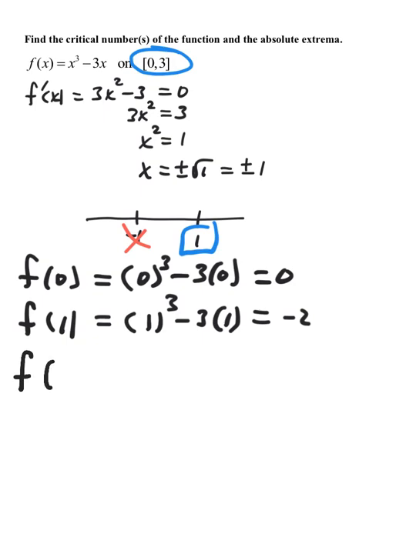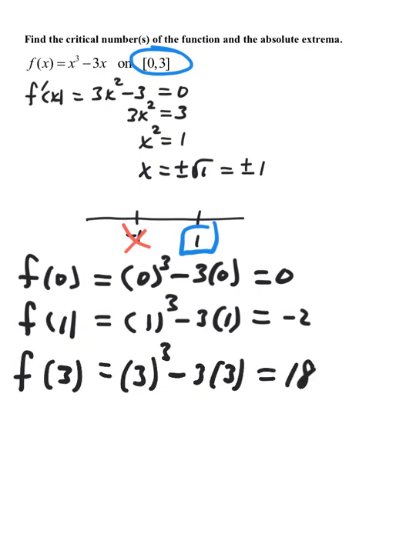And then the other end of the interval was 3. So you check your interval endpoints and any critical numbers inside of that closed interval. 3 cubed minus 3 times 3. What's 27 minus 9? 18. That's right.